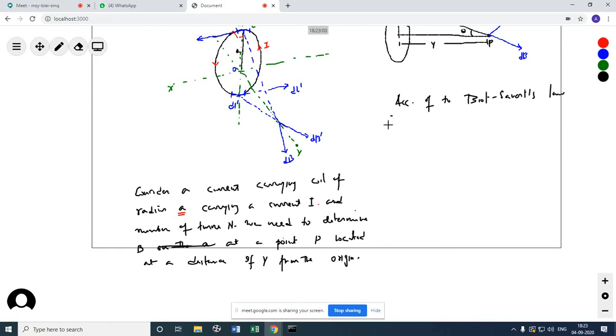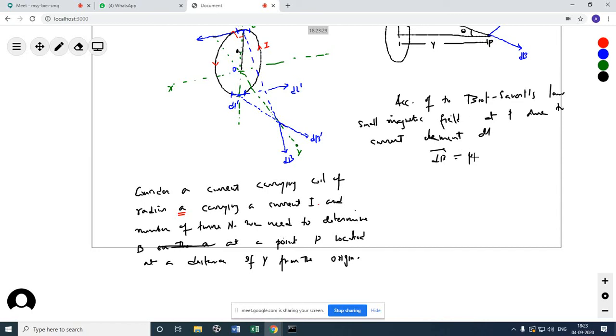B, the magnetic field on the axial line. The magnetic field at a point P is located at a distance, this is in which axis? Y axis.